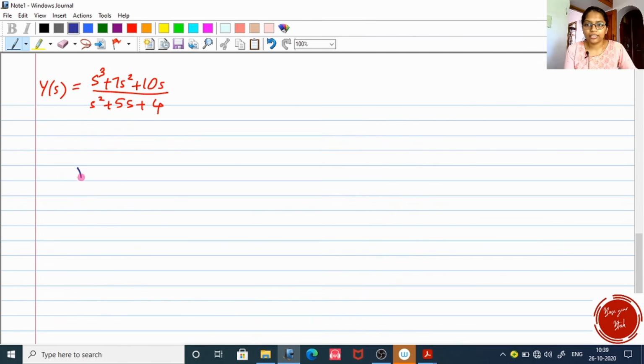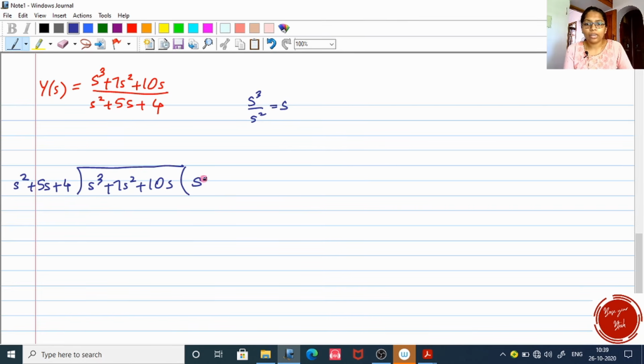So let's divide s cube plus 7s square plus 10s by s square plus 5s plus 4. First term of the dividend divided by first term of the divisor: s cube divided by s square is s. You write the answer on the right side of the dividend.